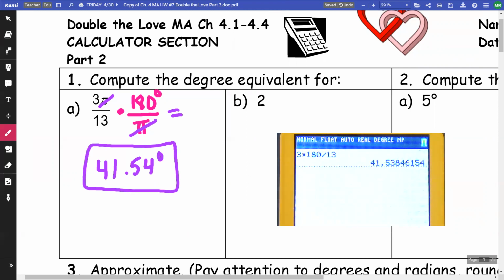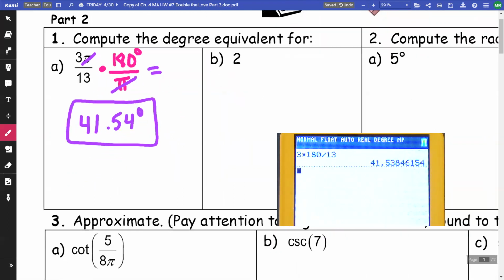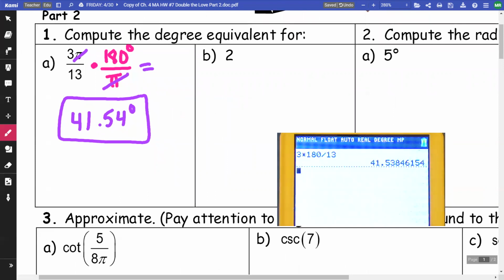On number 2, this is radians, and it's 2 radians around the unit circle. Again, I'm going to multiply by either 180 over pi or pi over 180, but since 2 is in radians, I am going to use 180 degrees over pi.